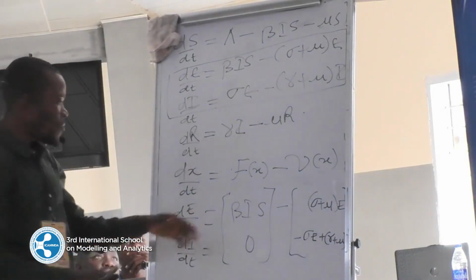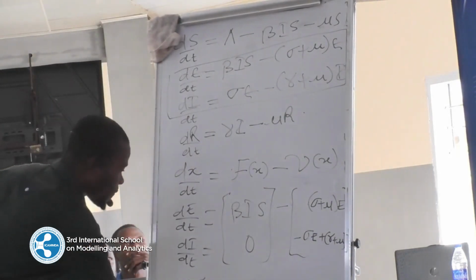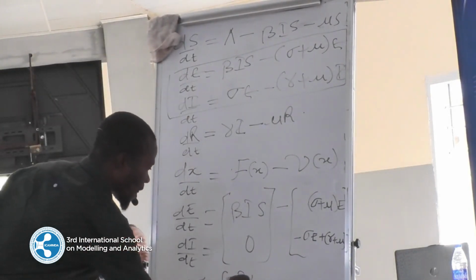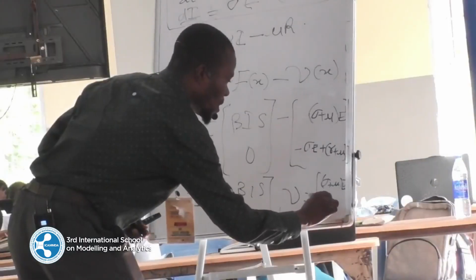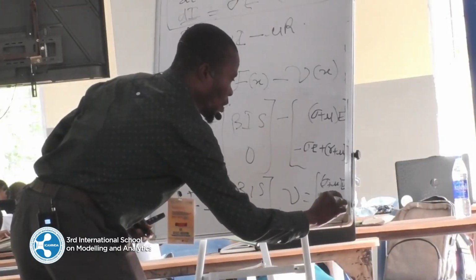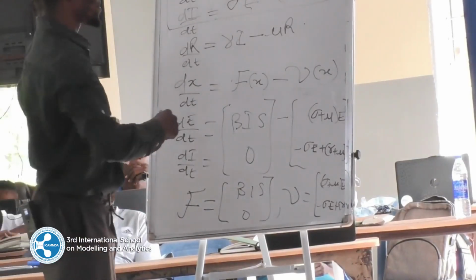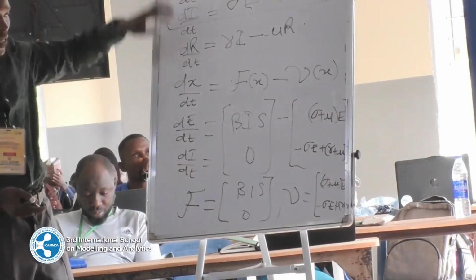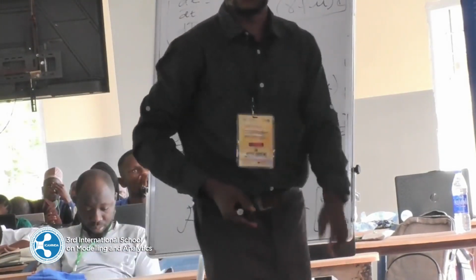So I'll be able to find F to be beta IS, 0, and V to be sigma plus mu times E, and minus sigma E plus gamma plus mu times I. If I have this, the next thing is to find the Jacobian of each of these.